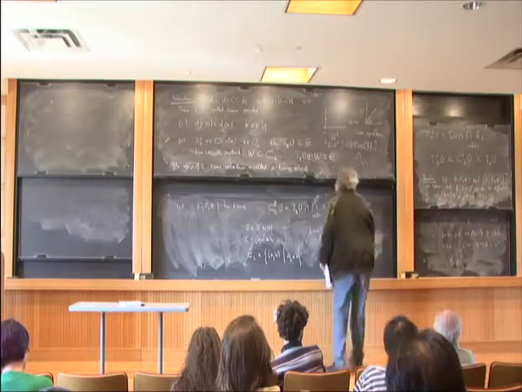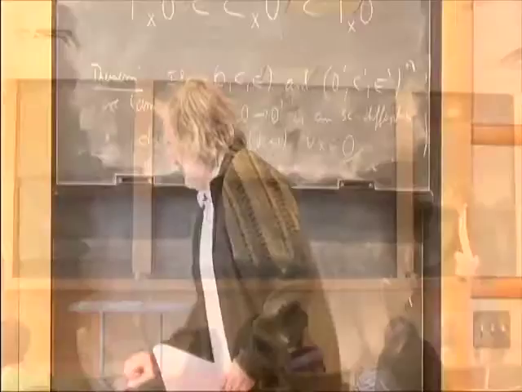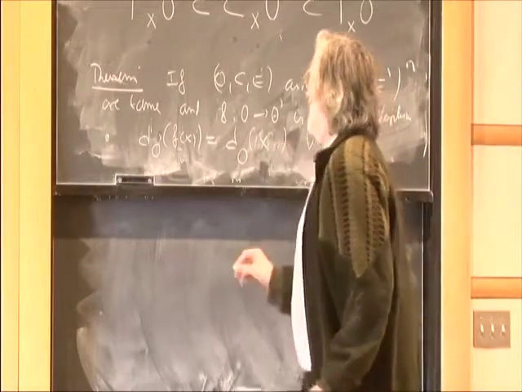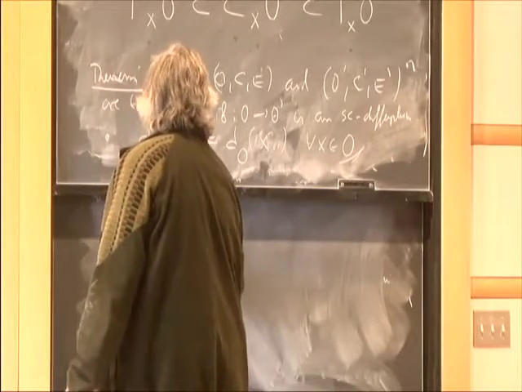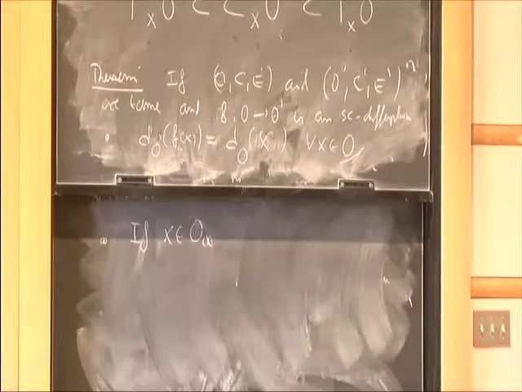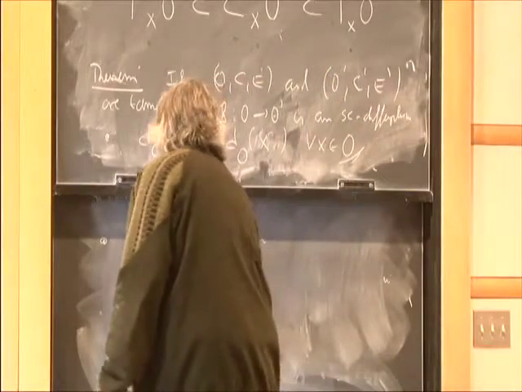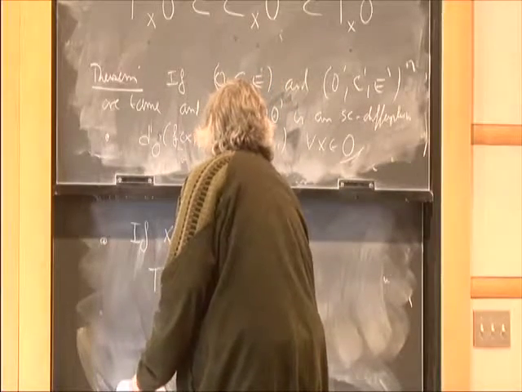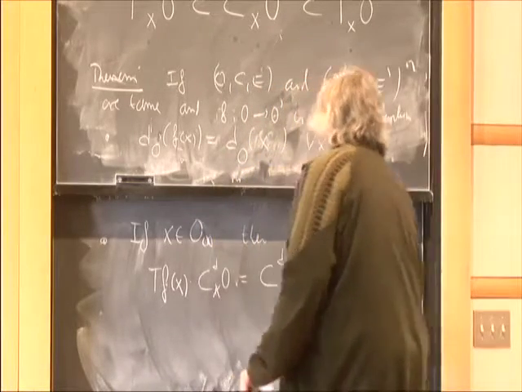Then, if X is smooth, in O infinity, so for what I'm writing down, it has to be on level 1 or higher, then TF of X of C_D,X O is C_D,F(X) O'.